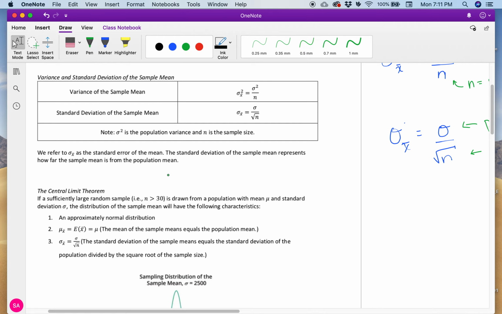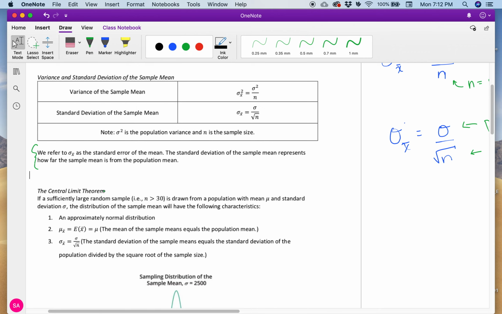Standard deviation is a measure of how far something is from the mean. So error is just difference. What's the difference between the sample mean and the population mean? And you don't really need to focus on this. This was more of just for your information. The standard deviation of the sample mean is also referred to as the standard error.